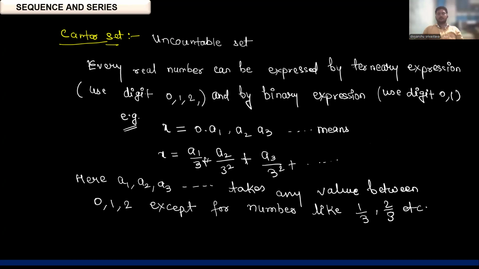Yeah, here are some examples of numbers like 1 by 3, 2 by 3. These are ternary expressions. Okay.